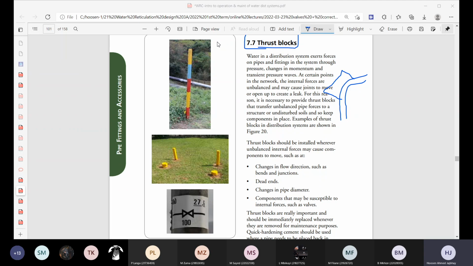By comparing the meter readings at different points in the network, you'll be able to pick up water losses in the system. Does that answer your question? But it's not within the scope of this particular module. Don't worry about that.